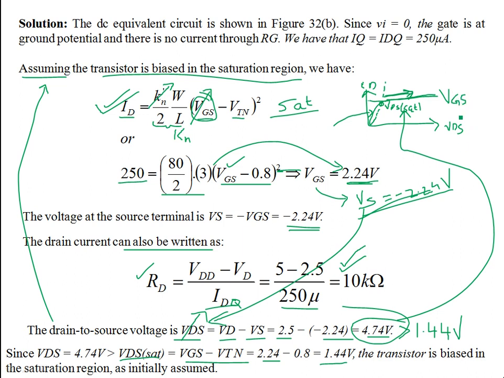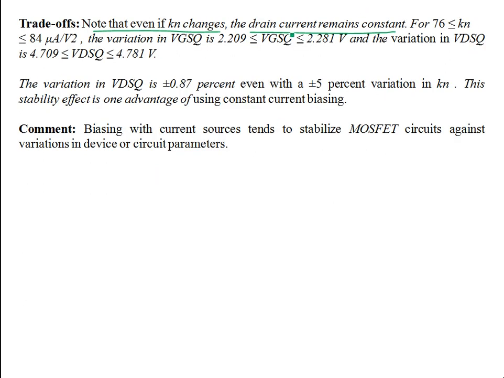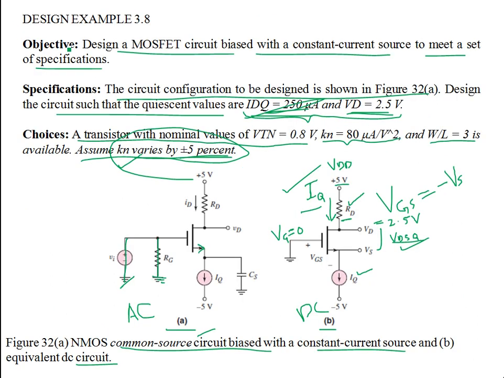But how much VGS changes will say how much ID is going to change indirectly. So in saturation, let's assume the drain source current remains constant. Then for Kn to vary from 76 to 84 microamps, previously we were considering this to be about 80 microamps, so now we are considering this deviation of plus minus 5%.